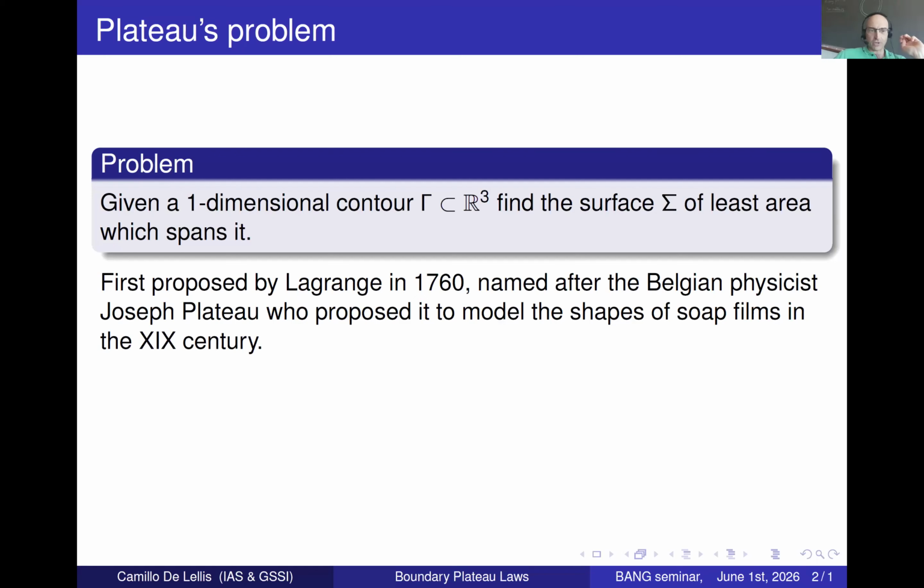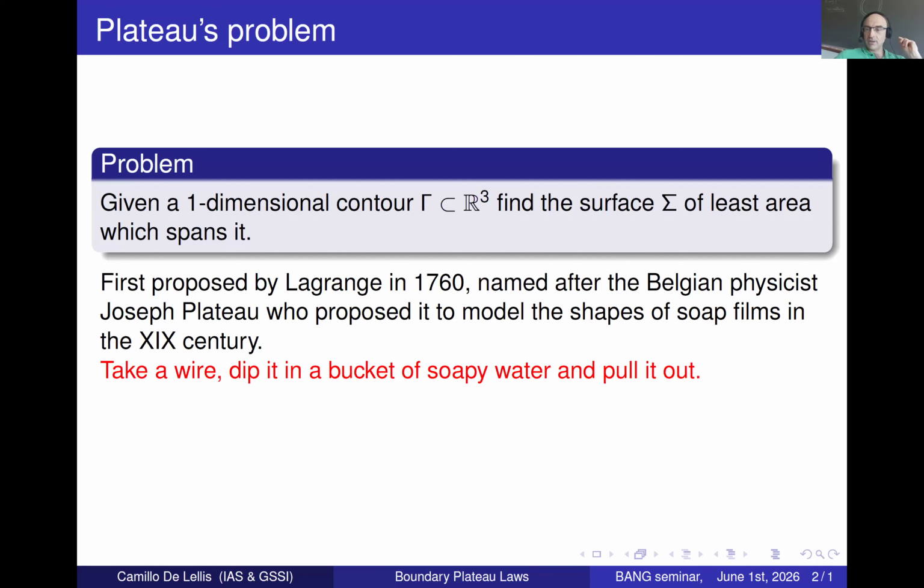But it's named after the Belgian physicist Joseph Plateau, who proposed it in the 1800s to model the shapes of soap films. The experiment you might have in mind is that you take a wire, dip it in a bucket of soapy water, and pull it out.